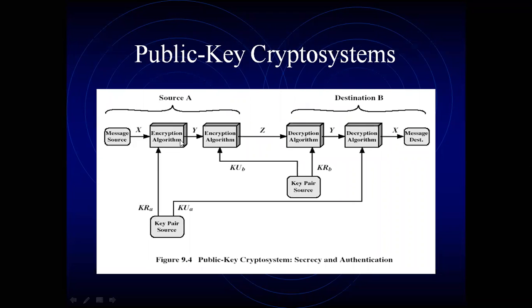Here I have to apply my RSA algorithm, which is my encryption algorithm, and with that encryption algorithm I have to attach the key source. So now I have generated KRA. I'm going to send all these things here. X and KRA will merge together and form the cipher text.